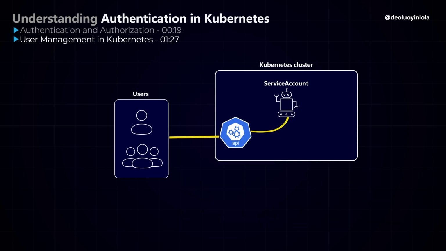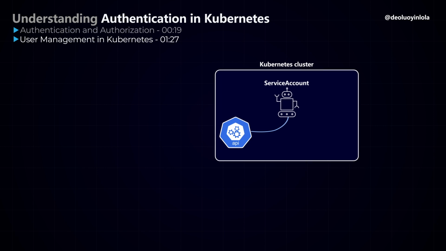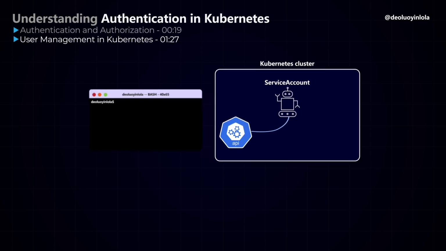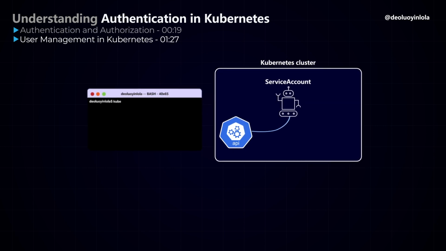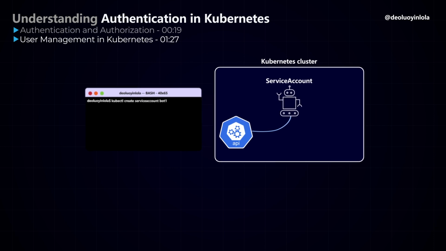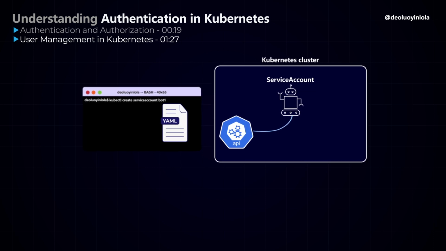Note that normal user accounts are global and do not have a cluster namespace, while service accounts are managed by the Kubernetes cluster and modeled as service account objects. You can create and manage service accounts just like any other resources in Kubernetes, for example, using kubectl and YAML manifest files.